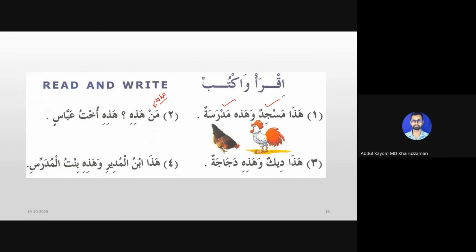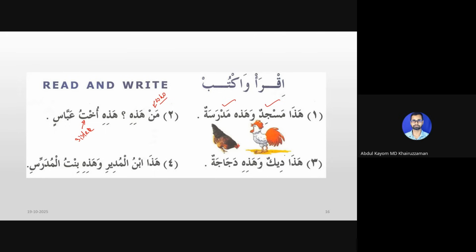So we are asking man hadhihi, pointing to a feminine person and asking who is this. Hadhihi ukhtu abbasin. Ukhtun we know, sister. This is the sister of Abbas.